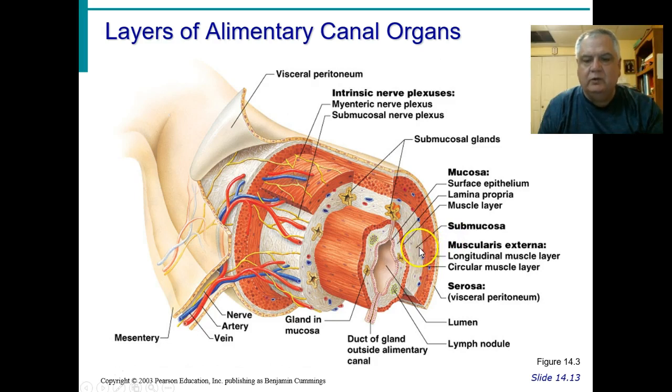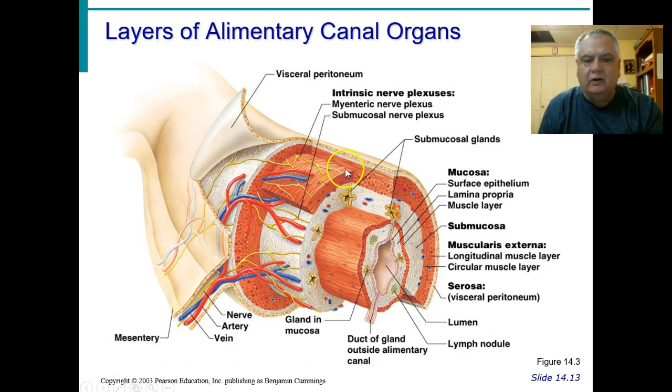Moving out from the submucosa, then we have the muscularis externa, and it has two layers, a longitudinal muscle layer and a circular muscle layer. Now the longitudinal layer is the outermost layer. If you take a look at it, you can see why it's called the longitudinal layer, because look at how the spindles are organized lengthwise along the length of the organ.